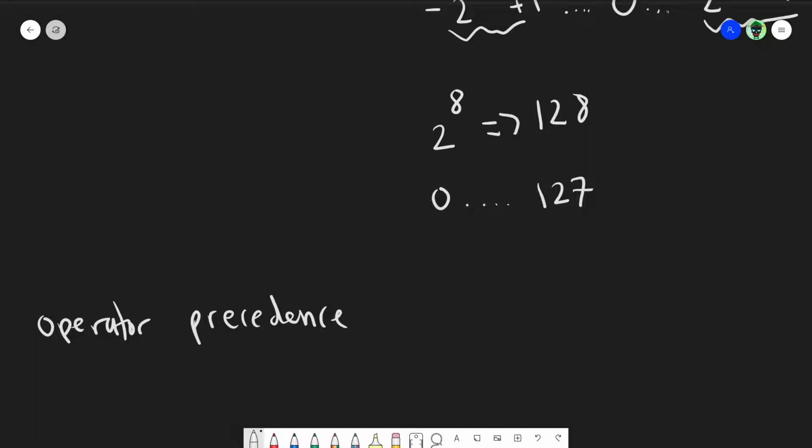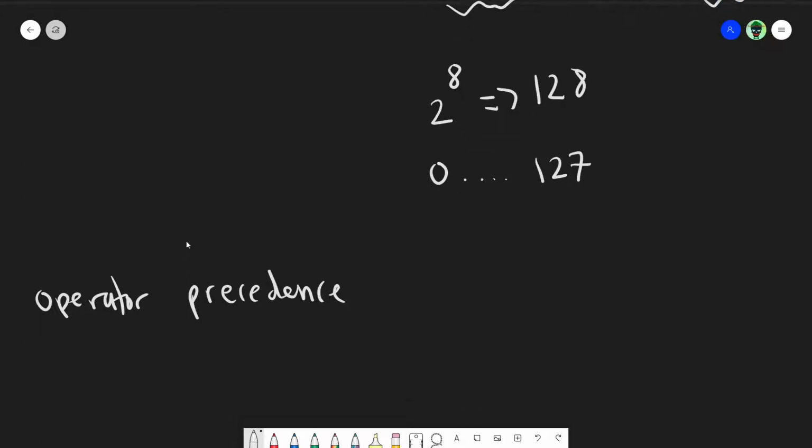Remember, multiplication happens before addition. The standard precedence rules, nothing too crazy there. But just try to rank the different operator precedences. Basically, that's what you want to do.